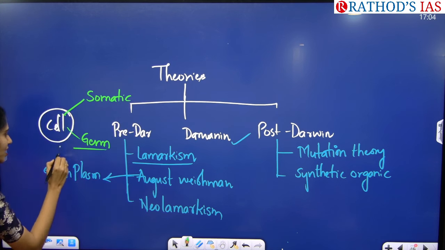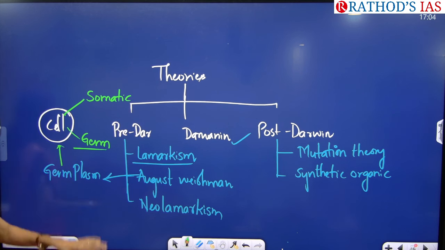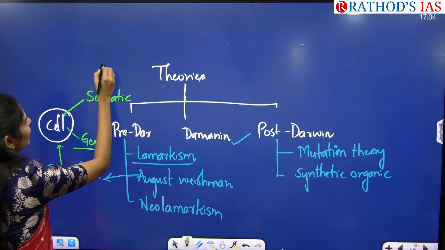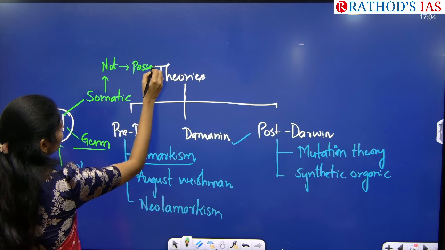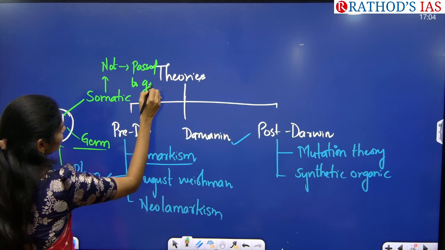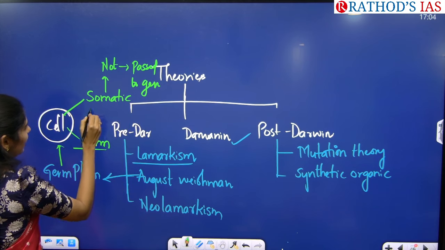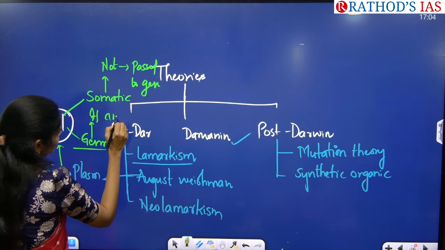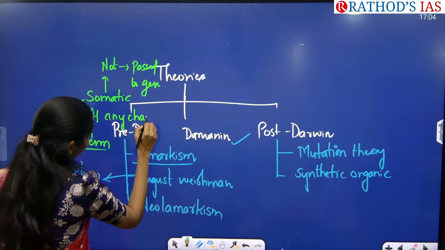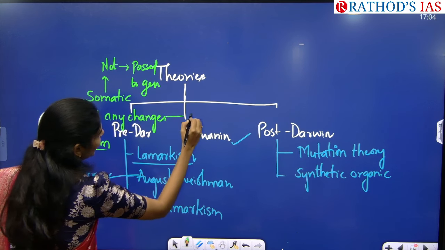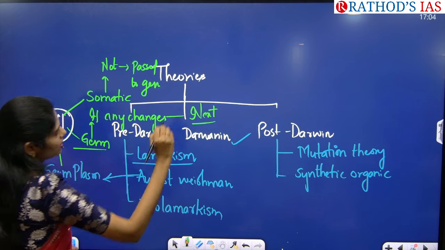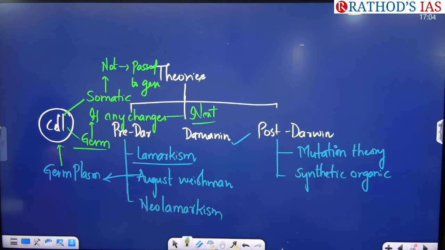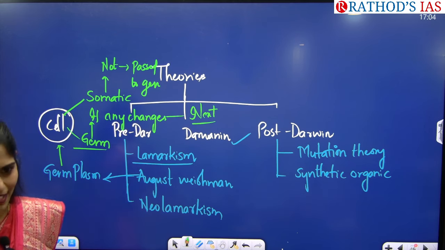According to this germplasm theory, he says that if any change happens in a somatic cell, it will not be passed to the next generation. Only if a change happens in germ cells will it be seen in the next generation. That is called Weismann's theory of germplasm.